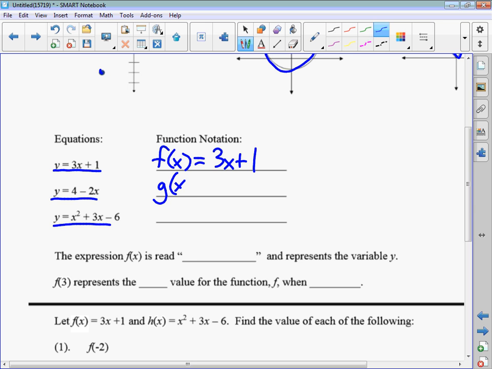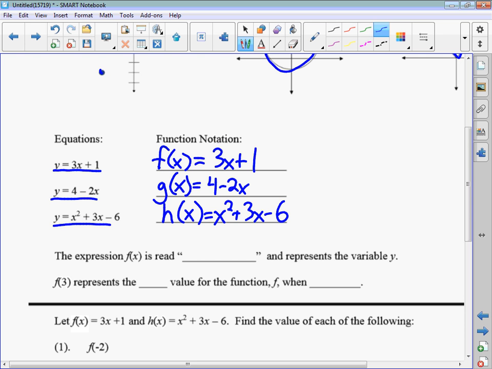G of x, now it doesn't matter what letter I use in front of the x. That's just a marker to show that f of x is different than g of x. 4 minus 2x. And h of x equals x squared plus 3x minus 6.